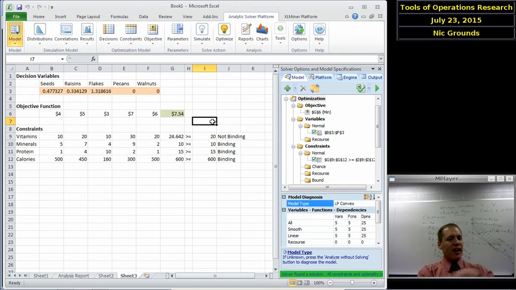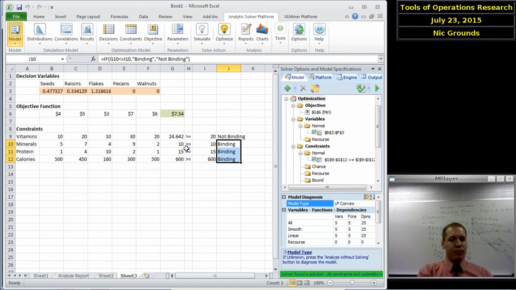Right? For a 5-variable problem, there should be 5 or more binding constraints. First, pecans and walnuts are bound by being positive. Okay, we might have chosen negative pecans, negative walnuts, but we weren't allowed to. So those are at their minimum.